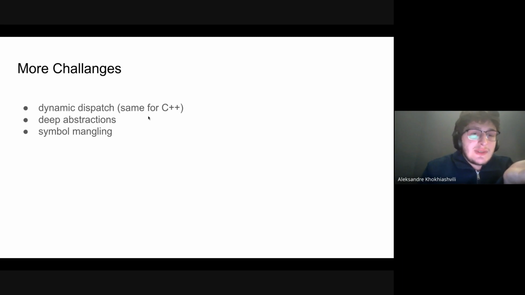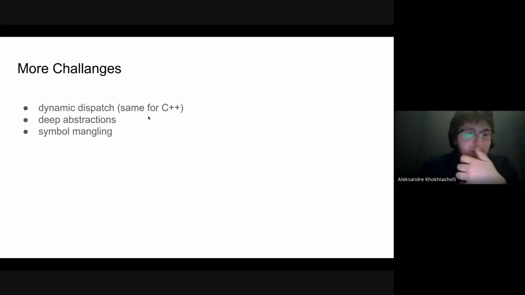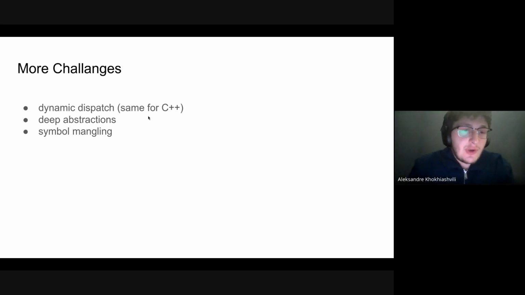Well, the dynamic dispatch problem is well known from C++ as well, so the reversing tools are kind of used to it, and vtables, you just have to know how vtables work, and in general, understand how the dynamic dispatch works in the background, and reversing it won't be too much of a problem.